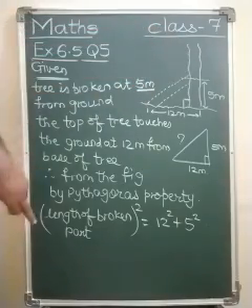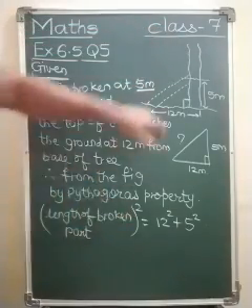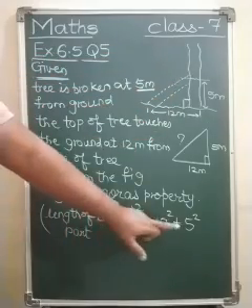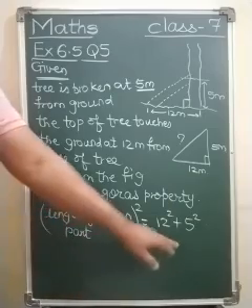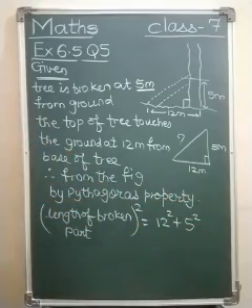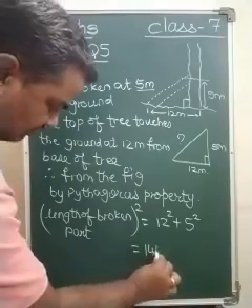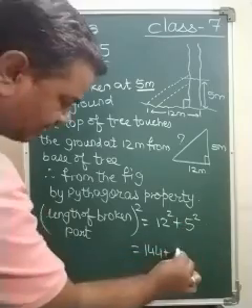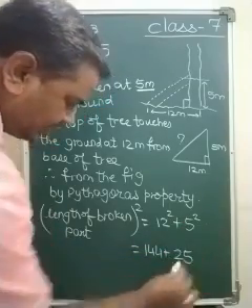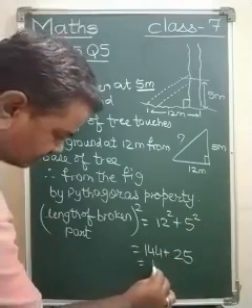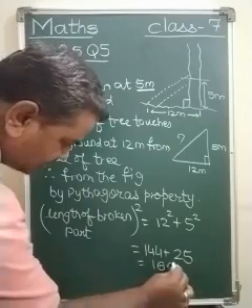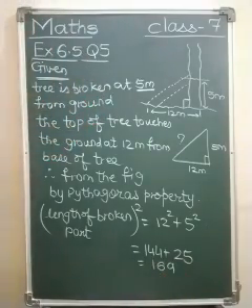So the length of broken part square, that is hypotenuse square, equals leg 1 square plus leg 2 square, or leg 2 square plus leg 1 square. So this equals 12 12s are 144 plus 5 5s are 25. So this comes to 169.